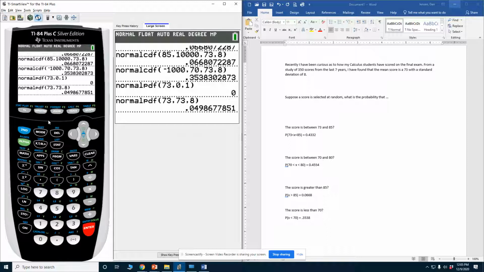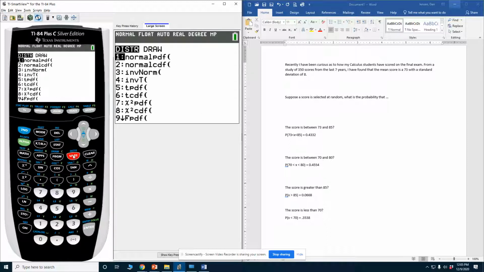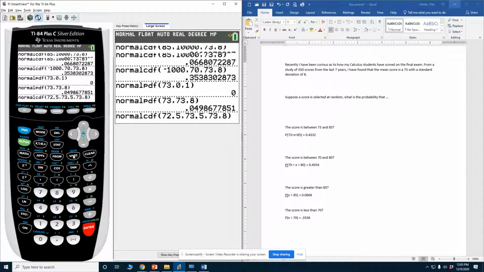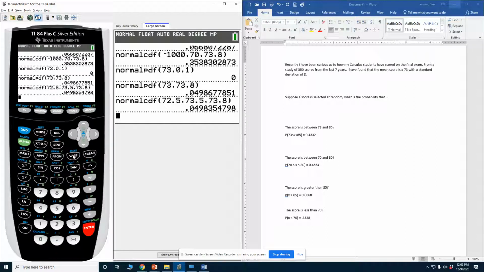Well, let me try something else. If I compare 72.5 to 73.5 with a mean of 73 and a standard deviation of 8, see, I get the 0.0498.